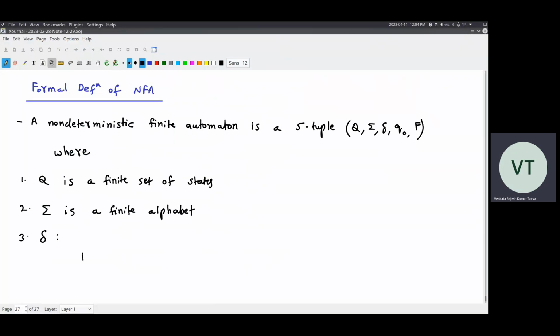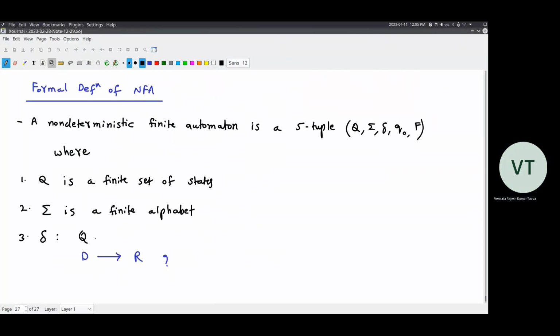delta. So can someone tell me what is the domain and range of delta for an NFA? Epsilon. The domain should be the set of states cross the set of alphabets, Q cross sigma, right?